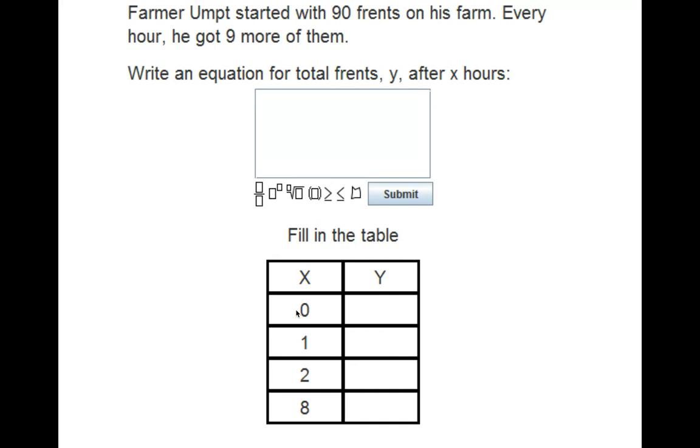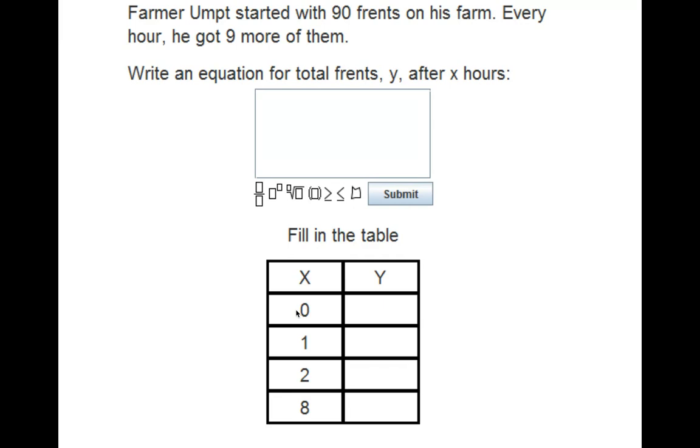All right, so first of all, establishing that fronts are y, x are hours. Starting with 90, every hour getting 9 more. So one of the things we need to establish is we talked in the original PowerPoint that there were more relationships. The more hours, the more whatever.